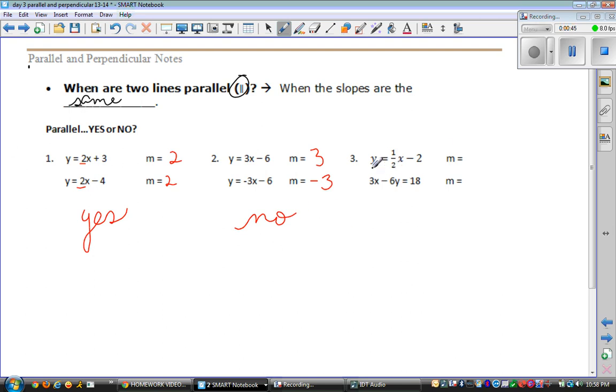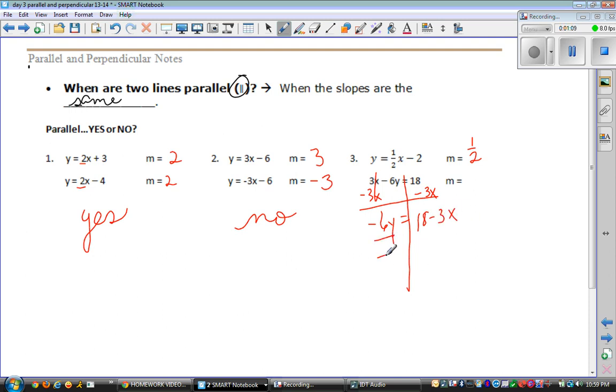Looking at number 3, you see that this one has a slope of 1/2, but this one needs to be solved for y. So I'm going to subtract 3x from both sides, and I get -6y equals 18 minus 3x.